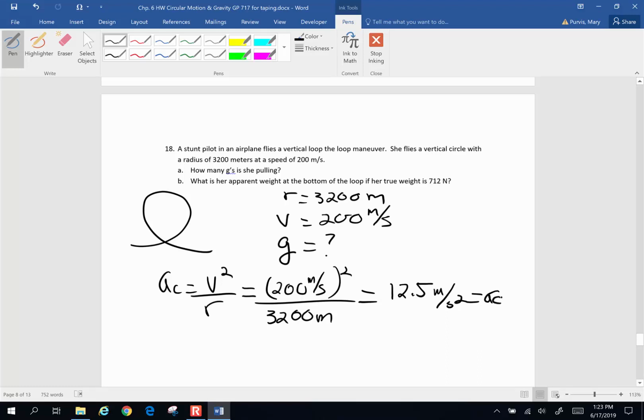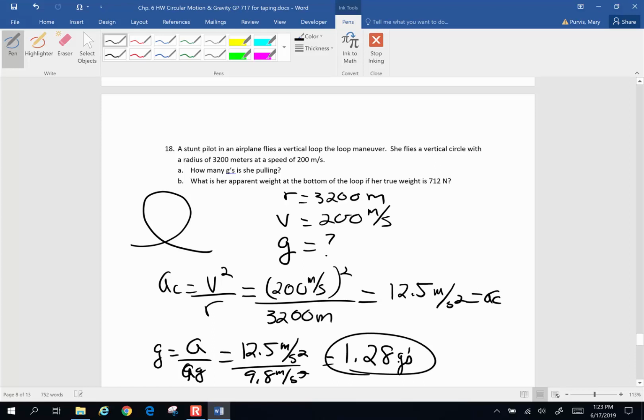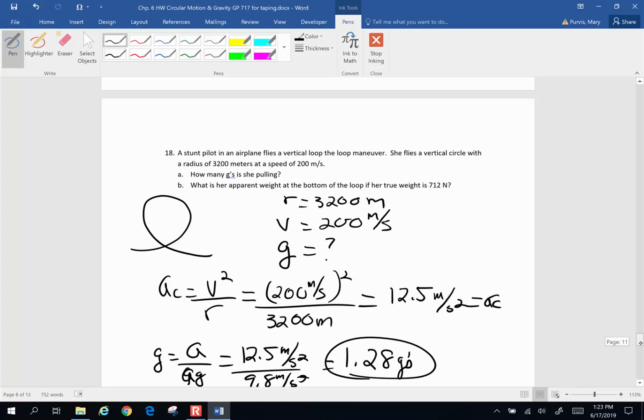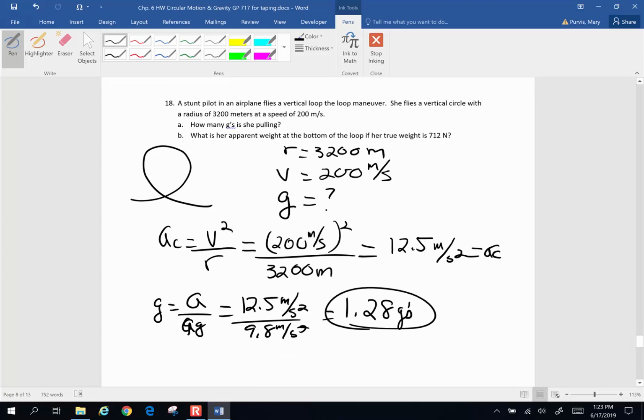Now, to get G's, it's the acceleration divided by the acceleration of gravity. So 12.5 meters per second squared divided by 9.8 meters per second squared. I end up with 1.28 G's pulled by this pilot. Not too many G's for a stunt pilot. They pull many more than that.